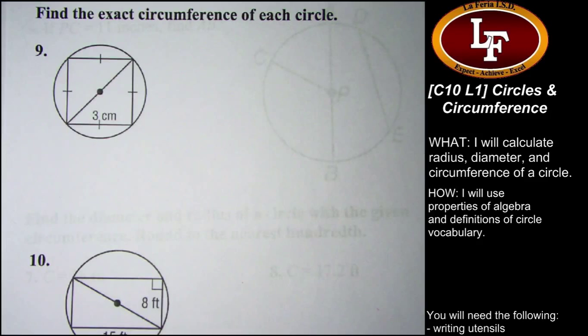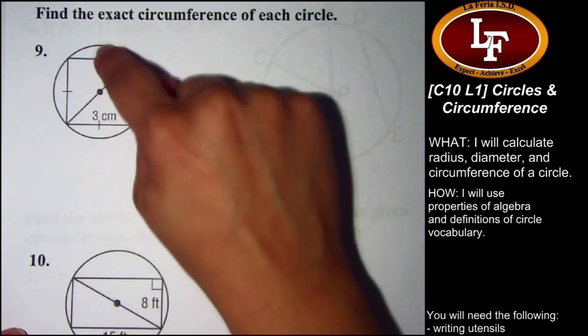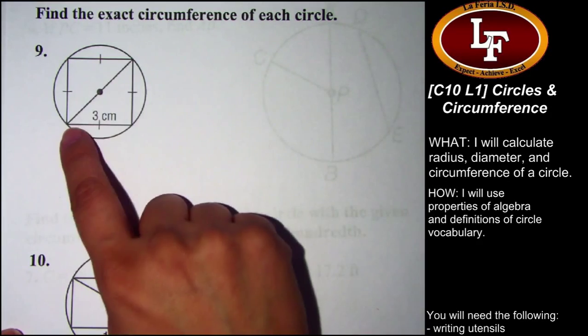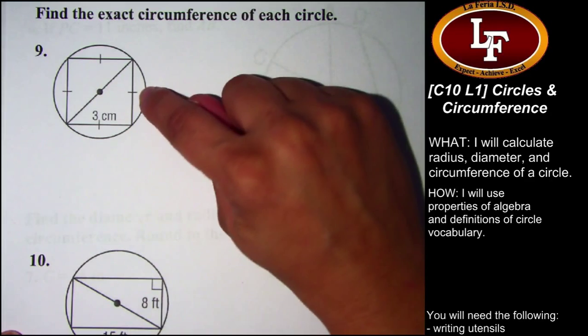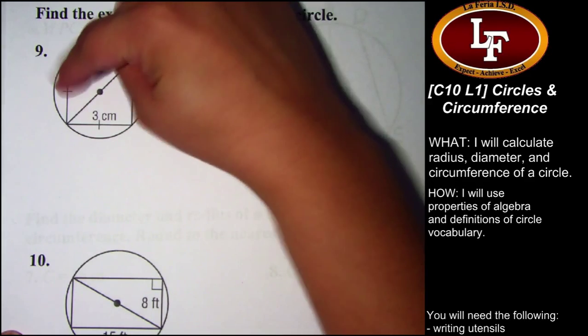And I can tell that it's a rhombus-like figure because this is a quadrilateral, has 4 sides, 1, 2, 3, 4, and all of these sides are congruent, which means they have the same measures.